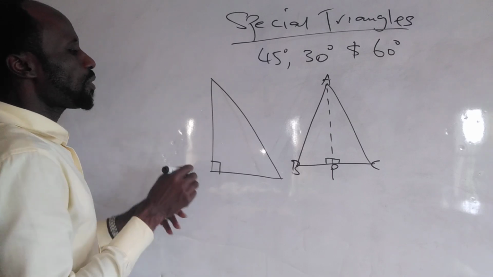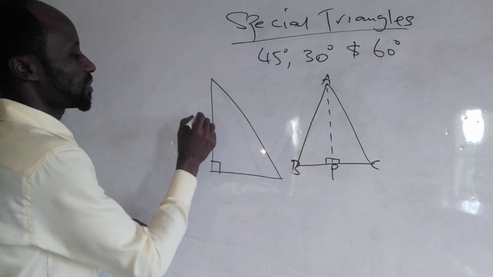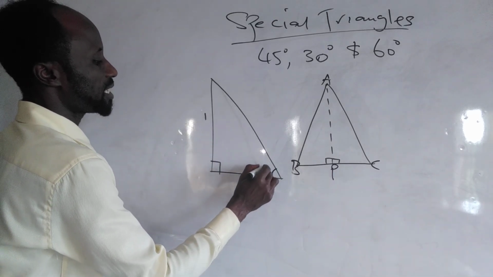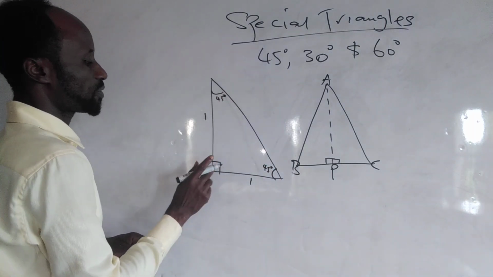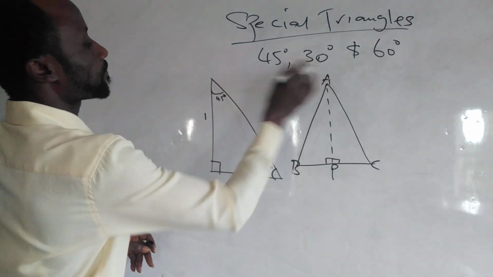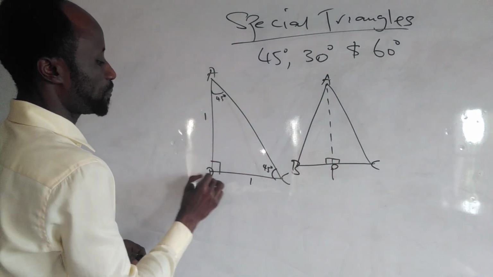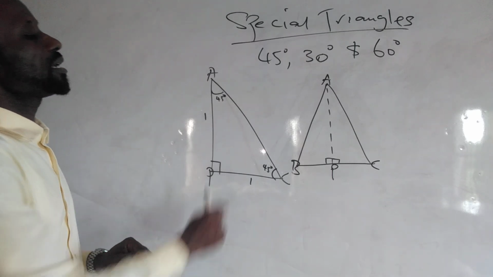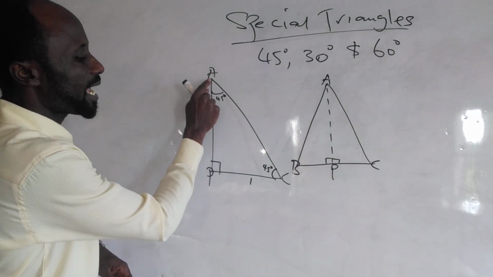And now I want to make use of the side 1 unit. That means this is 1, this is 1. Meaning that this point is 45 degrees. Here is also 45 degrees. This is 90. We add this to this, we're going to have 90. So with this now, I pick my A, I pick my C, and now this point, I put P. Now, before we can obtain the ratio of 45 degrees, we need the hypotenuse side.